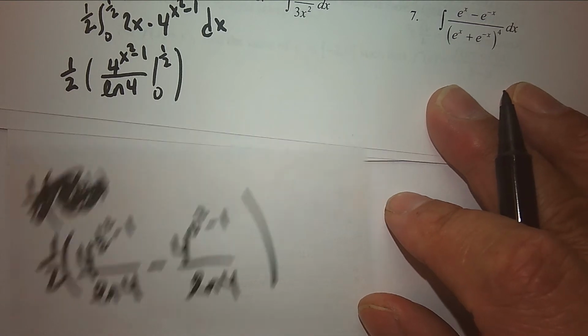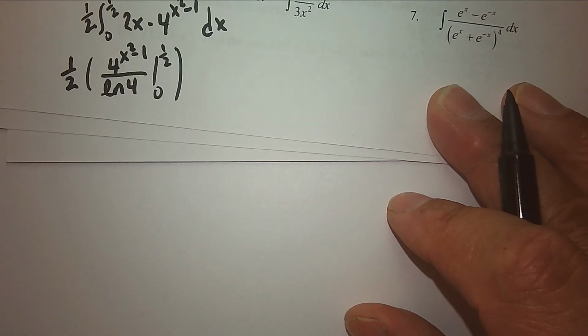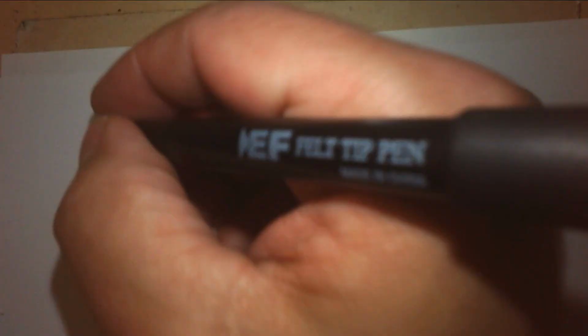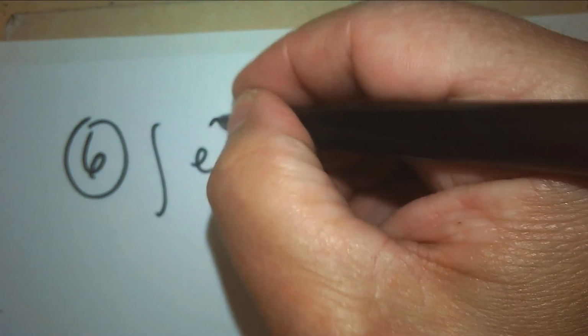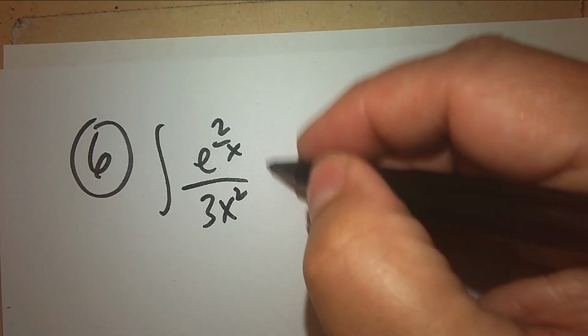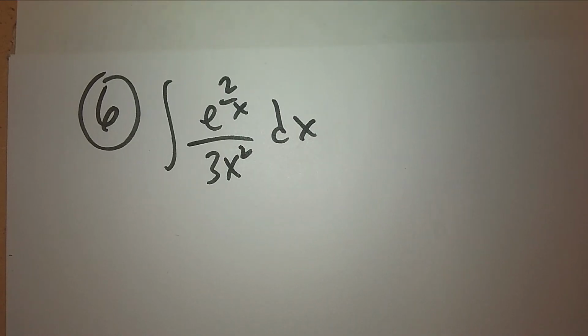All right, let's look at number 6. In fact, I'm going to write number 6 here and not run out of space myself. So, all right, other than giving up, what would you do next?